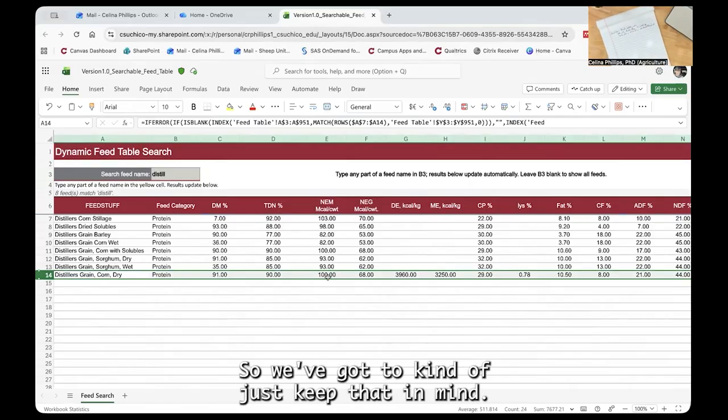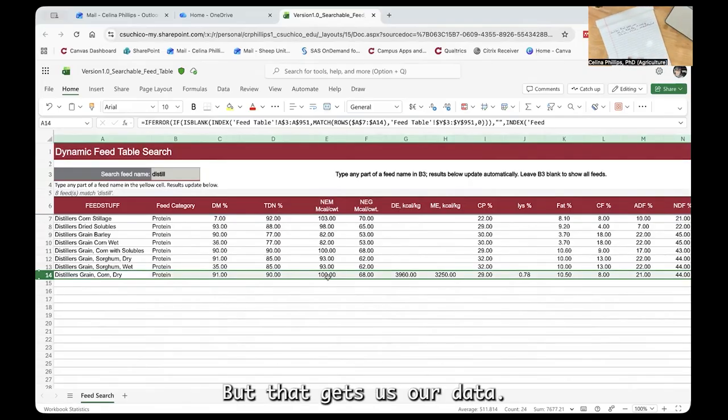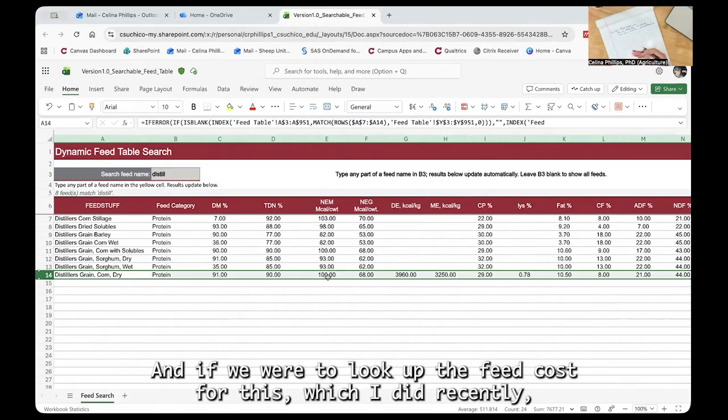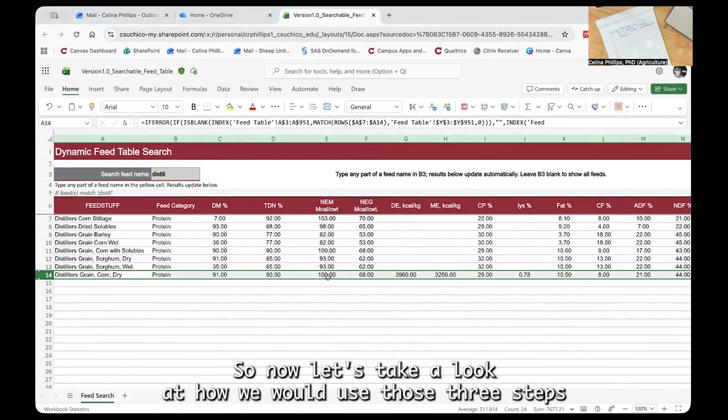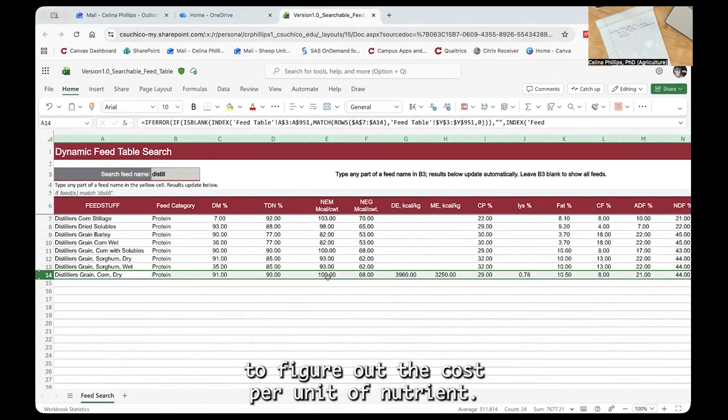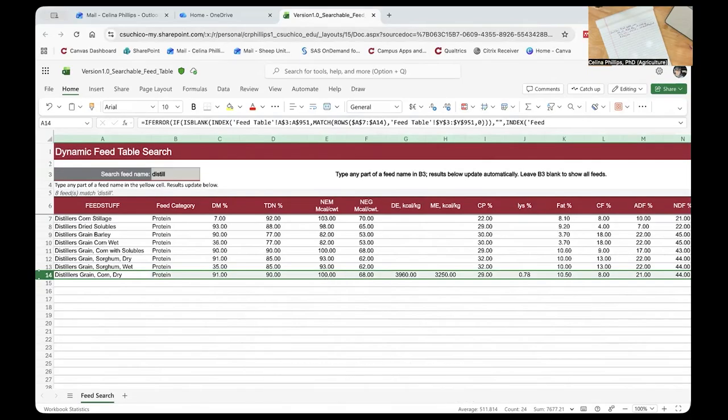Okay, so we've got to just keep that in mind. But that gets us our data. And if we were to look up the feed cost for this, which I did recently, this is costing about $240 per ton in California. So now let's take a look at how we would use those 3 steps to figure out the cost per unit of nutrient.